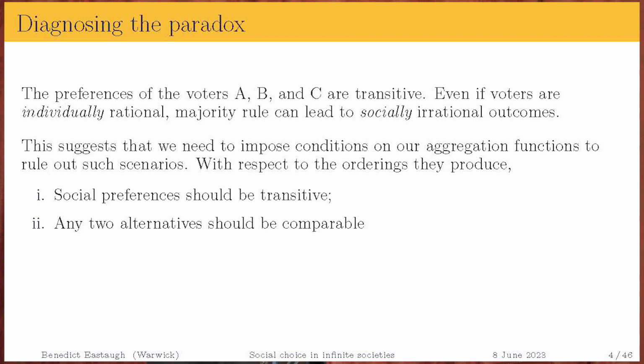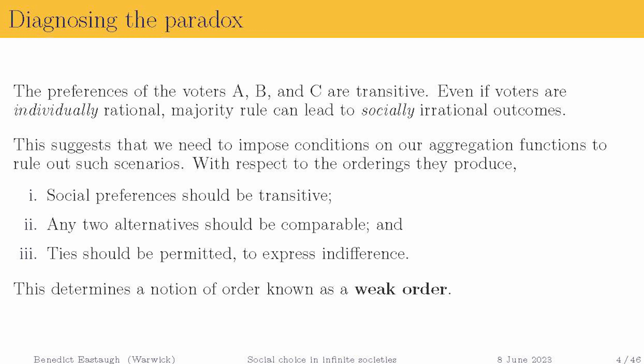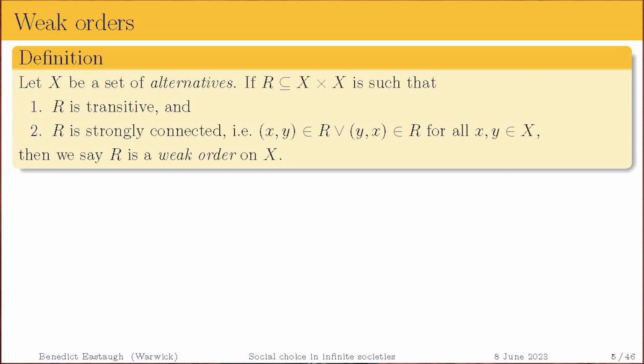They should both appear in the ordering. And ties should be permitted to express indifference. And this leads to a certain notion of ordering called a weak order. You see it called various different things in the literature, but I'm going to stick with this term. Okay, so here's just the definition of a weak order, but just think of it like this. It's like a linear order that allows ties. That's all that's really necessary.